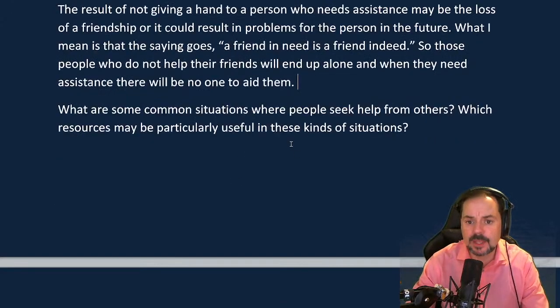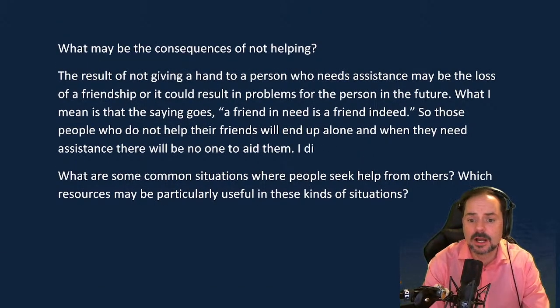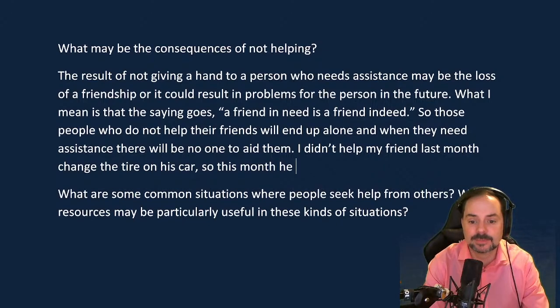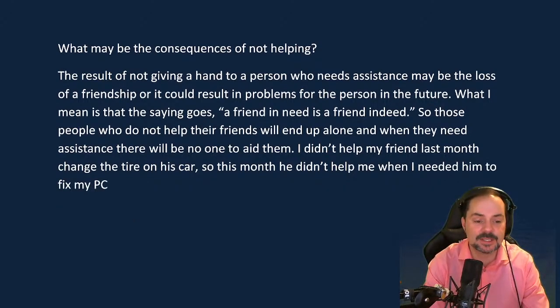Okay, and then a smooth example. I didn't help my friend last month change the tire on his car. So this month he didn't help me when I needed him to fix my PC.